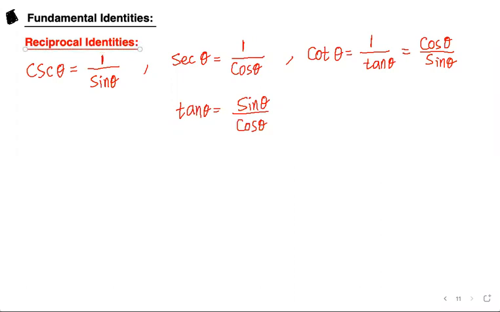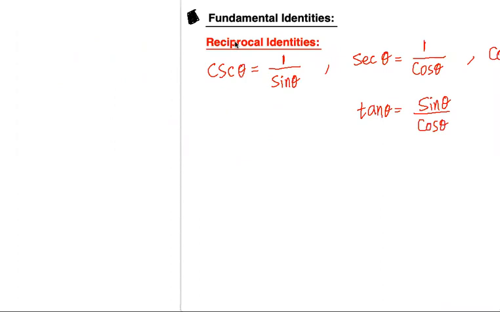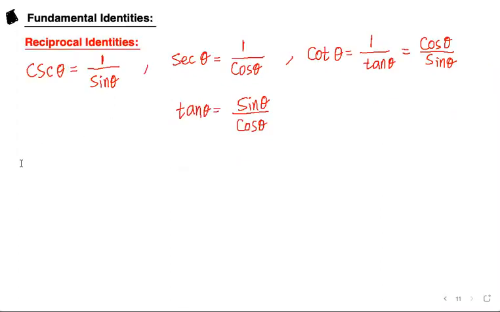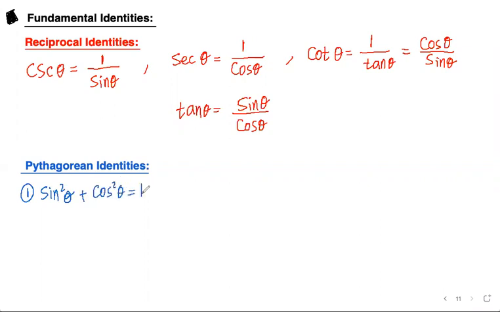The second identity is called the Pythagorean identity. We have only three Pythagorean identities. First one is sine squared of theta plus cosine squared of theta equals 1.